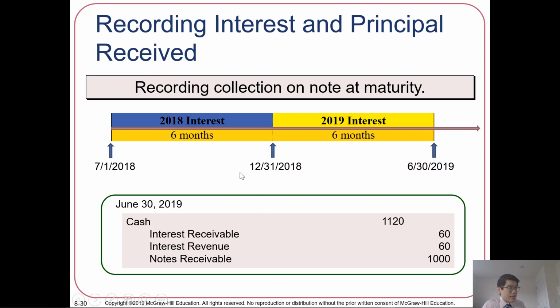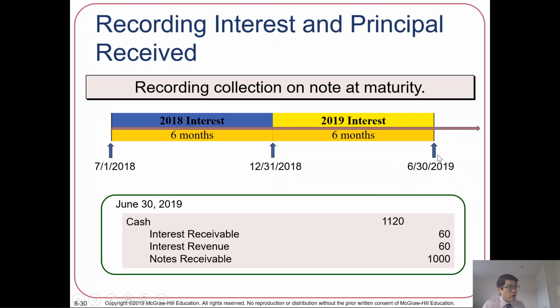But December 31st is the date we have to prepare financial statements for fiscal year 2018, right? So at this point, the company hasn't received principal or interest yet. They will receive the $1,000 and the 12 months' interest together on the maturity date.